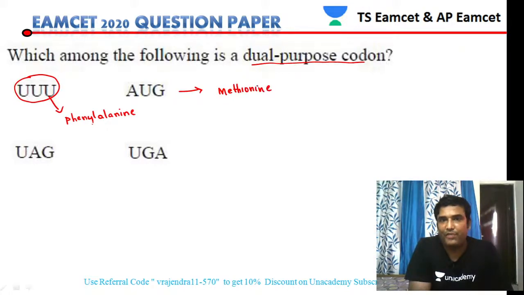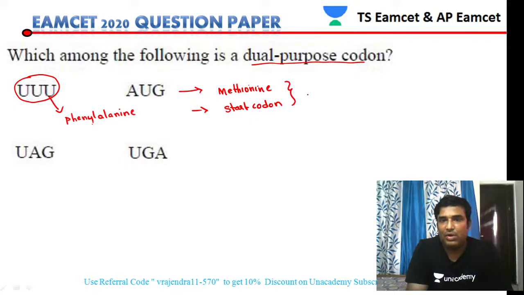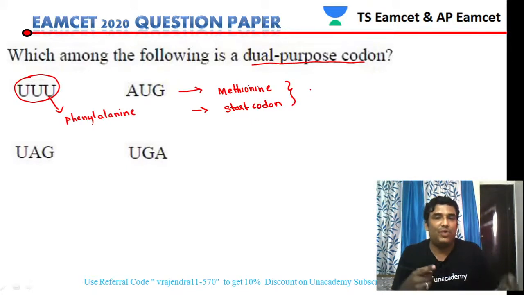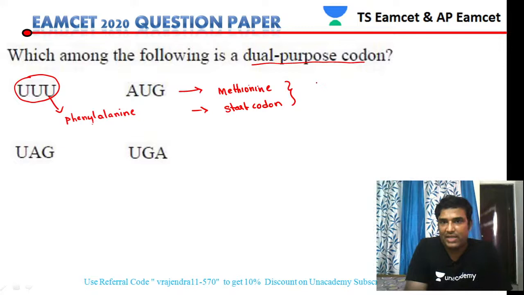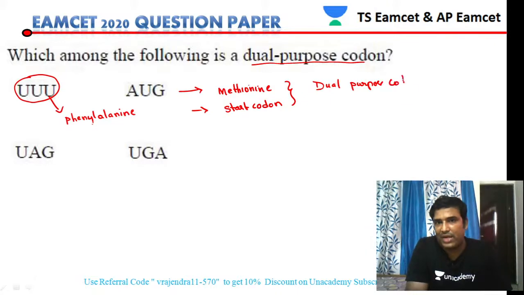So AUG is coding for methionine. At the same time, it is also acting as a start codon. So as AUG is a start codon, and it codes for the amino acid methionine, it is called a dual purpose codon. So our answer will be AUG.